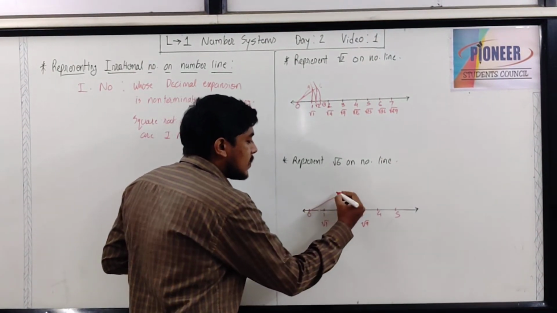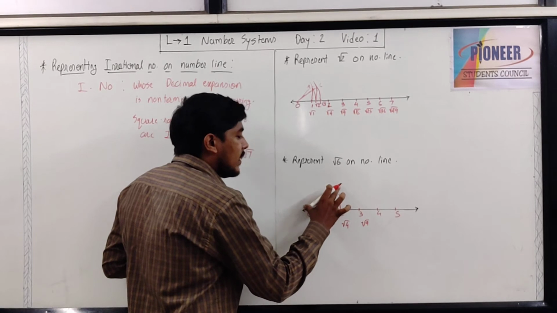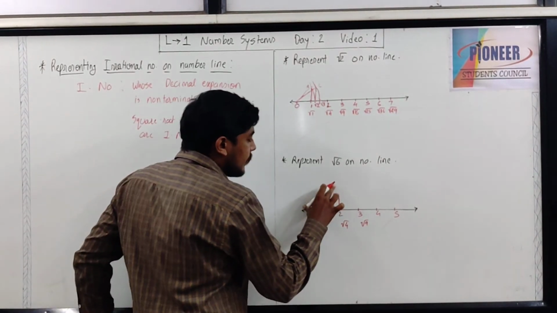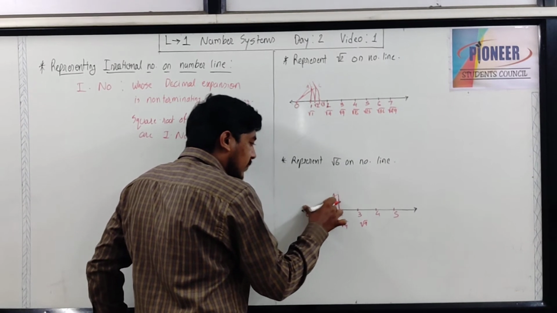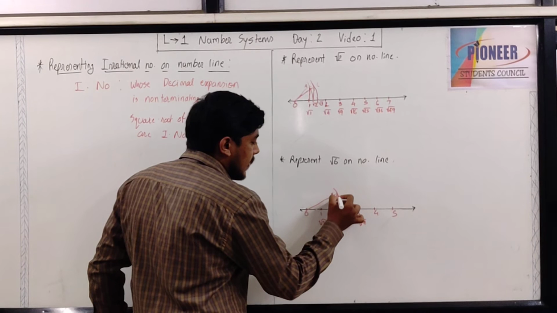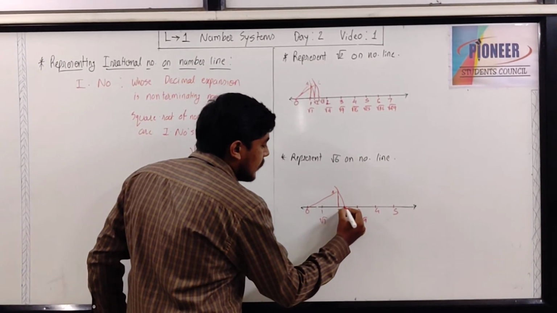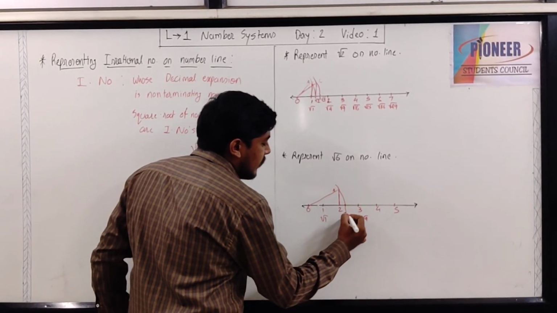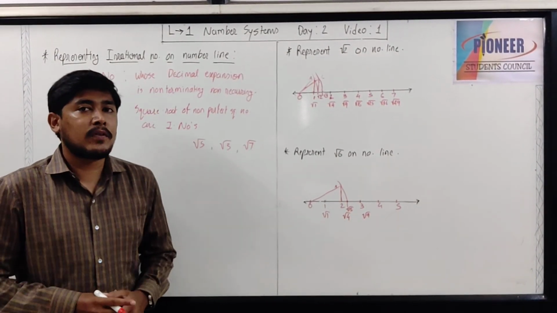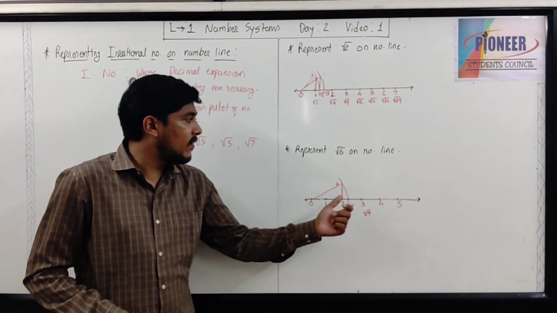Now take the distance between 0 and this A in the divider of your handset. Now draw an arc with 0 and A as the distance, and this point will be root 5. Right? We have represented root 5.